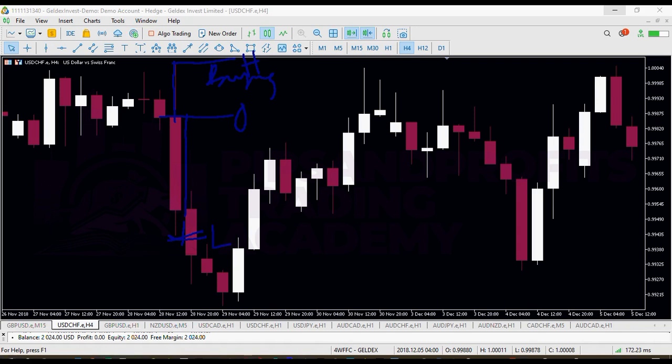The market closed over here, or price closed over here. So you can see that we have 1, the opening, 2, the high, 3, the low, and then 4, the close. You can see that with all the bearish candles.